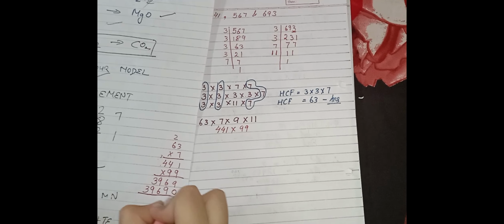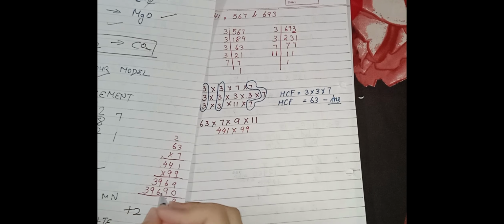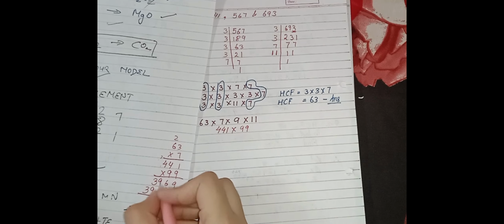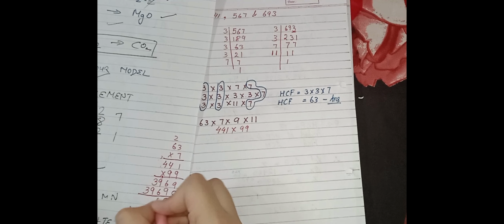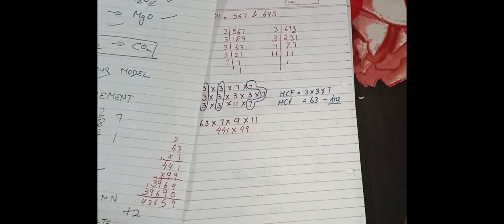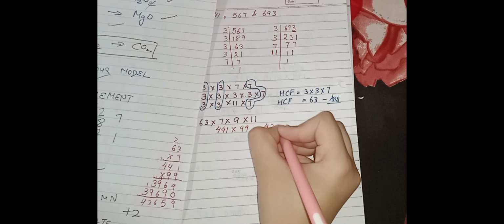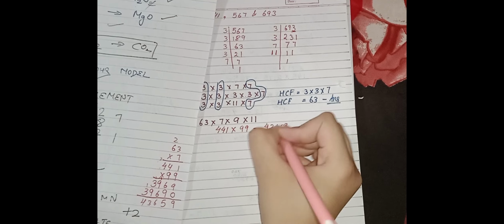Okay. Now let's add them up. 9 plus 6 is what? 15. Right? 9 10 11 12 13 14 15. Then 1 will carry here, 15 so this becomes 16, 10, 13, 4. Am I doing it right? Just tell me in the comment section whether I did it correctly. Is this the LCM going out to be? This is the LCM we got.